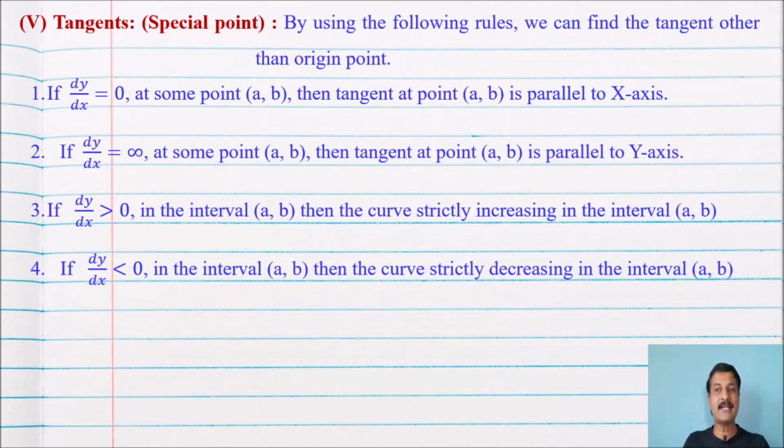And if dy by dx equal to infinity, then the tangent to the curve at that point is parallel to the y-axis. So note these two important points, 1 and 2.